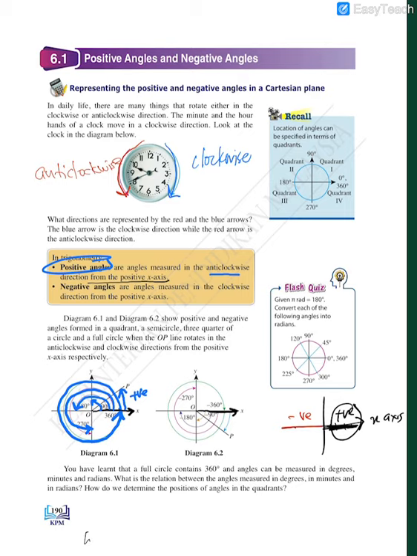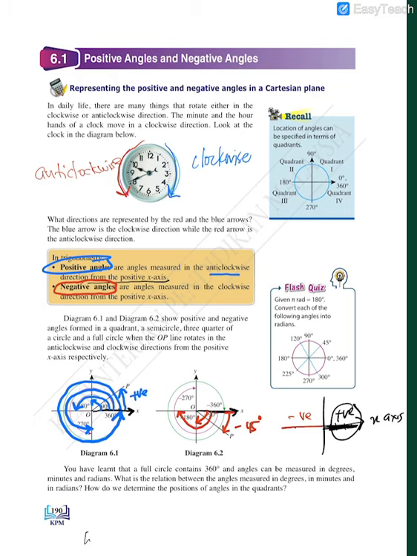Okay, what about now? We see the negative angle. The negative angles are measured in the clockwise direction. So from the clockwise direction, example starting here, go to clockwise direction. This is negative angle. Example, this is negative 45 degree. Okay, example, this is negative 90 degree.